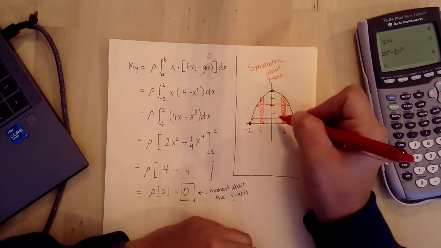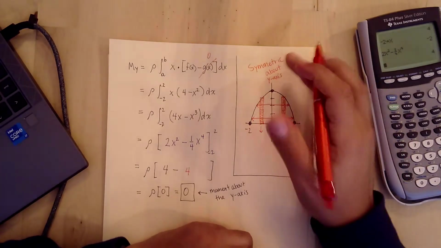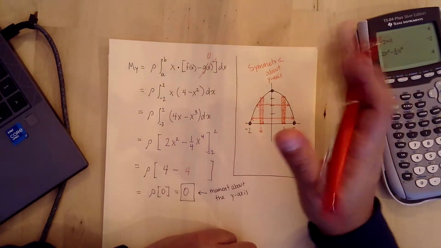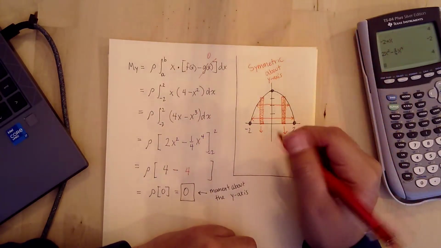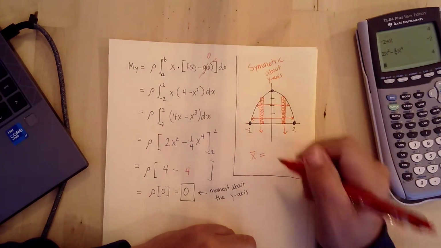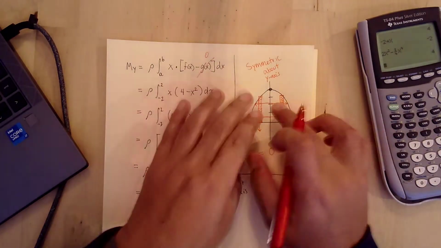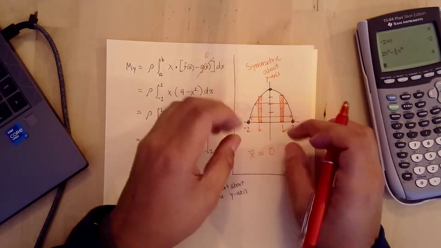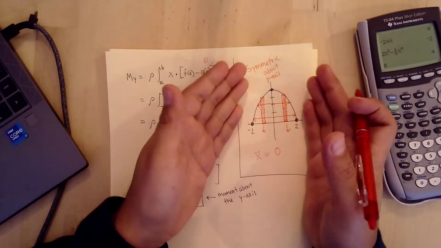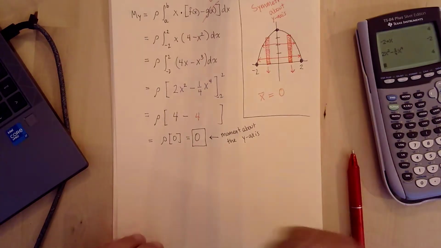So because we have that symmetry property here, we could have said without doing any algebra, without doing any calculus, that our center of mass, x bar, was going to be 0. The moment about the y-axis would be perfectly balanced and static at 0, right? And that's what we can see here.